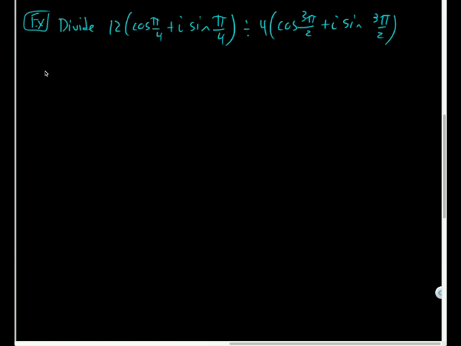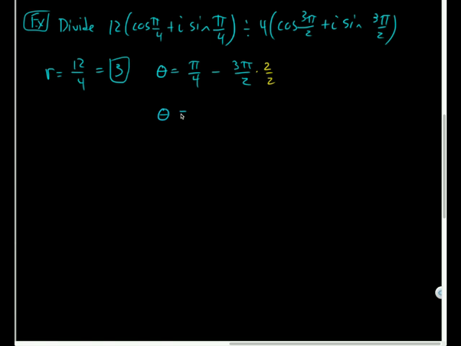So my r is simply going to be the 12 divided by 4, which is 3. And my theta will be the difference of the angles, right? So the numerator minus the denominator's angle. Also an appropriate pattern that we've seen before. And in order to do this, we're going to need a common denominator. So I will multiply by 2 over 2.